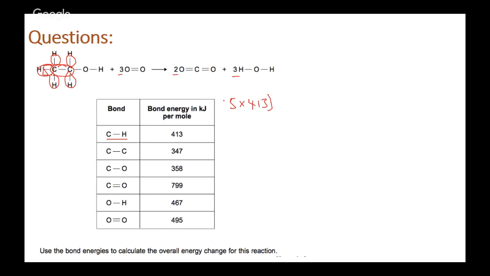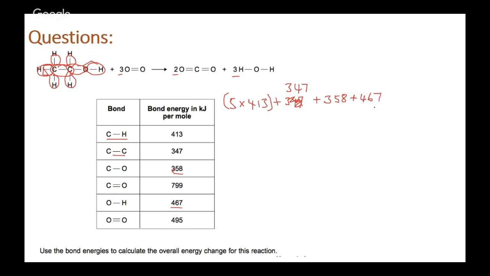So we add that to one carbon-carbon bond, which is 347. Sorry, that should say 347. And we then add that to this carbon-oxygen bond, which is 358. And finally, add it to O-H, which is 467.